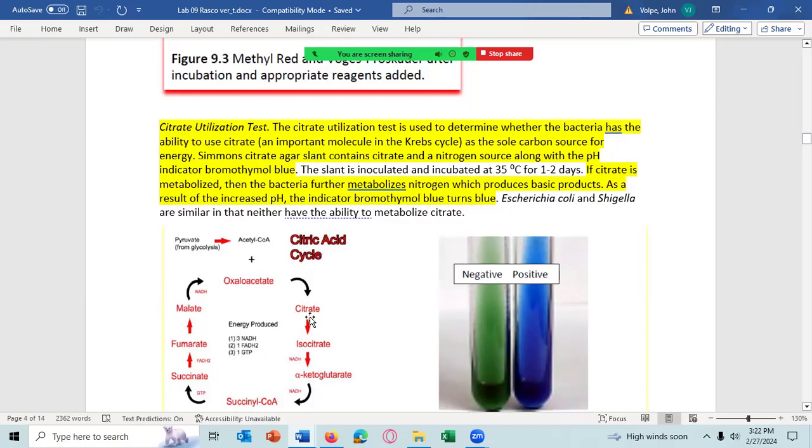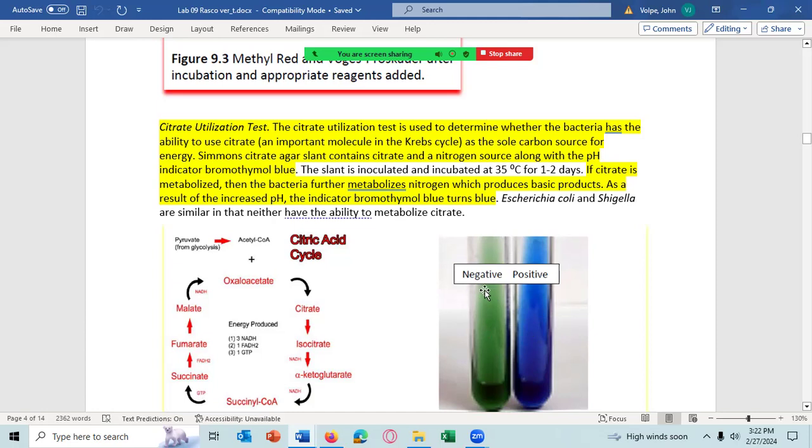And if the bacteria can utilize citrate, you'll see growth on the tube, which I don't see there, and then the tube will turn blue. If, on the other hand, the bacteria cannot use citrate, it will not grow on the tube, and it will not change color. It will remain green.